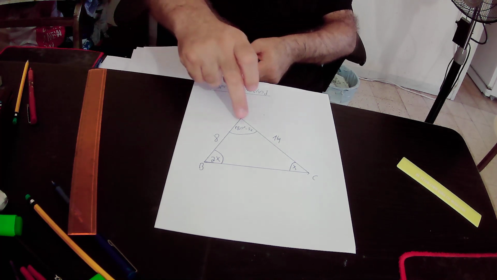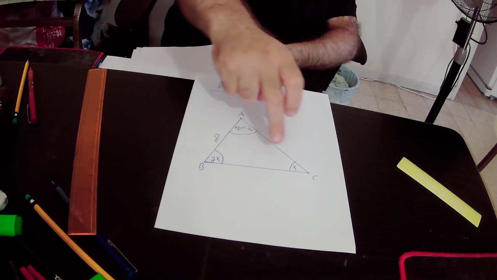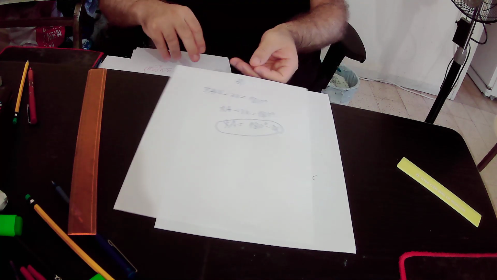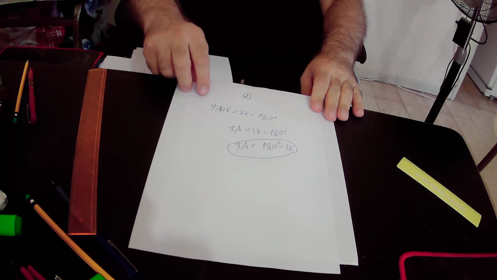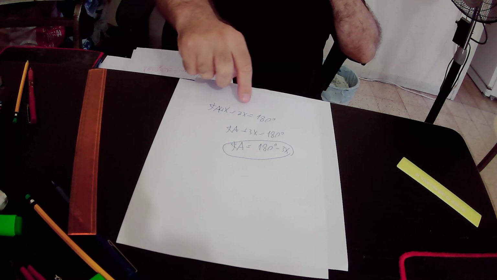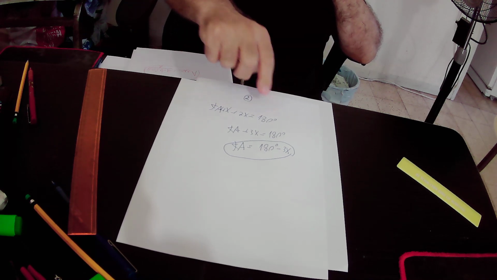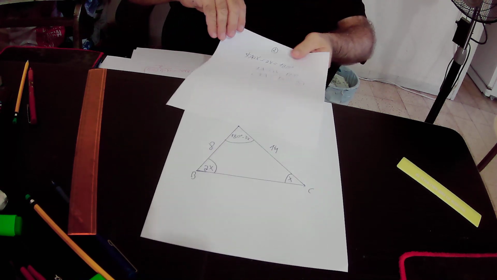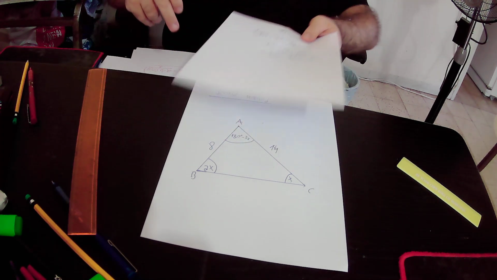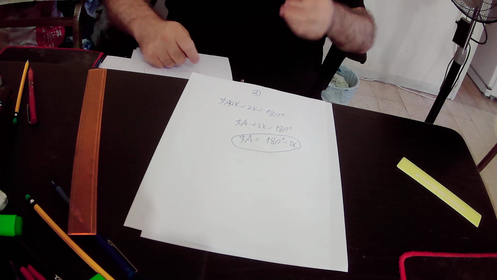So angle A plus angle 2x plus angle x must be equal to 180 degrees.